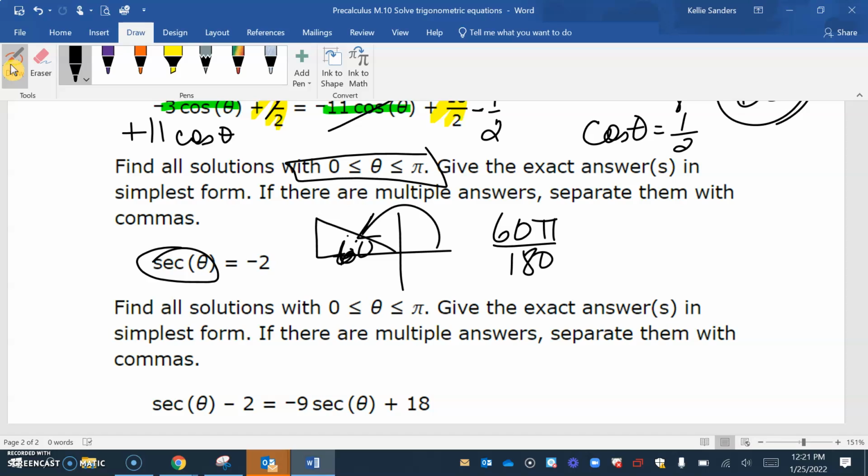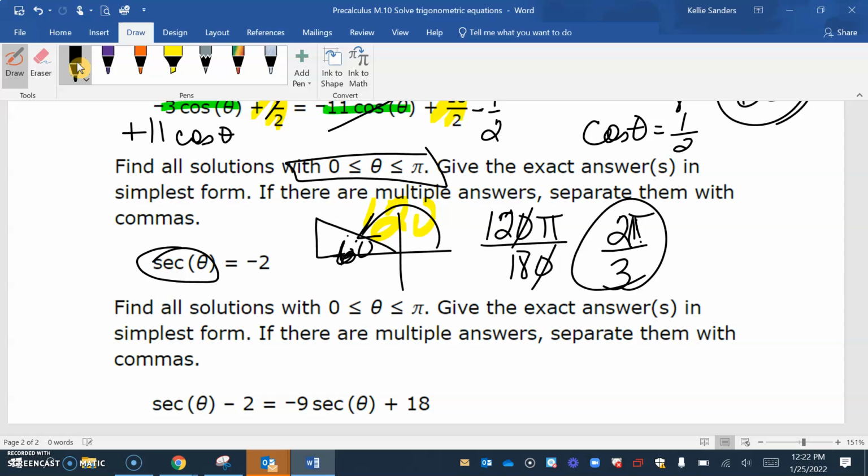So this is 120. So 120 is the answer, but 120 is not in radians, so we're going to convert it to radians by multiplying by pi and dividing by 180. Those zeros will cancel out, and 12 over 18 will reduce to 2 over 3, so this is 2 pi over 3.